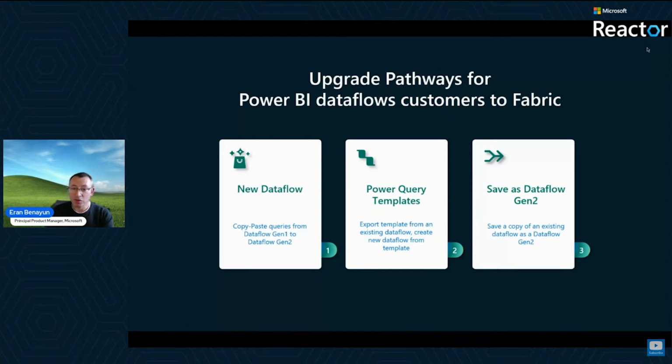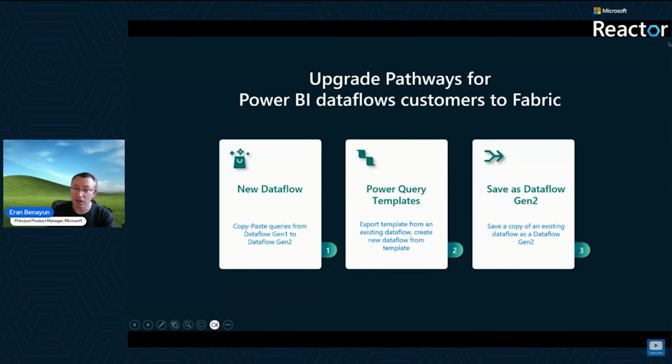Then in Fabric, you create a new Dataflow Gen2, and instead of manually creating all your queries, here you just click on the Import from Power Query Template option and select the exported PQT file. And that's it. All your queries are copied into your new Dataflow Gen2. All that is left for you to do is to provide the credentials to authenticate the connections to the data sources that were used in the dataflow.